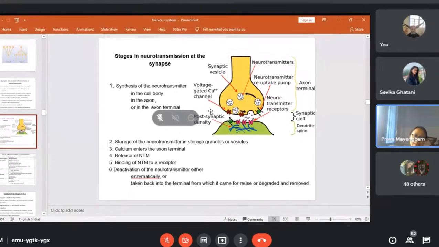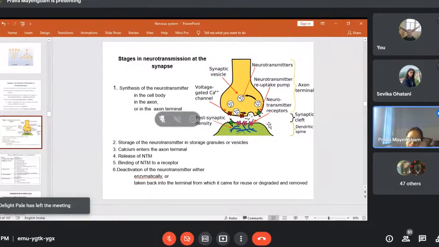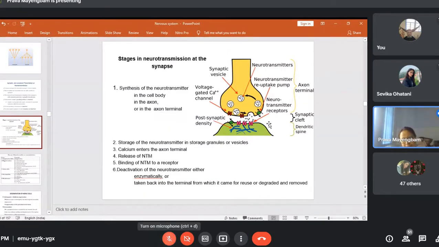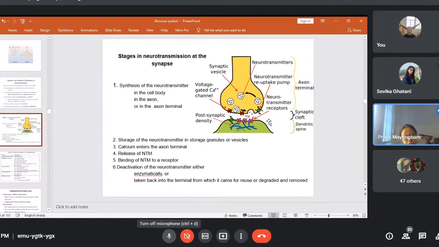So some enzymes will be present over here. So, have you heard the name of the enzyme cholinesterase or acetylcholinesterase? That enzyme acetylcholinesterase is an enzyme which can destroy, which can hydrolyze the neurotransmitter acetylcholine.